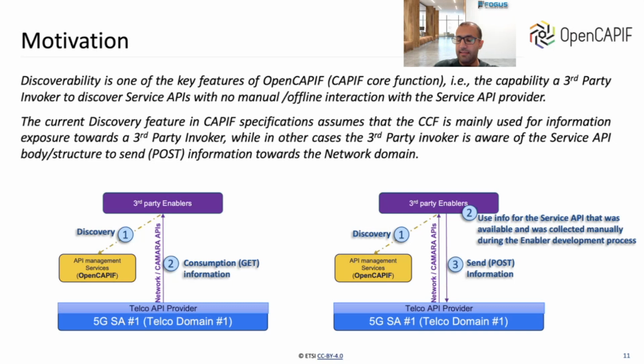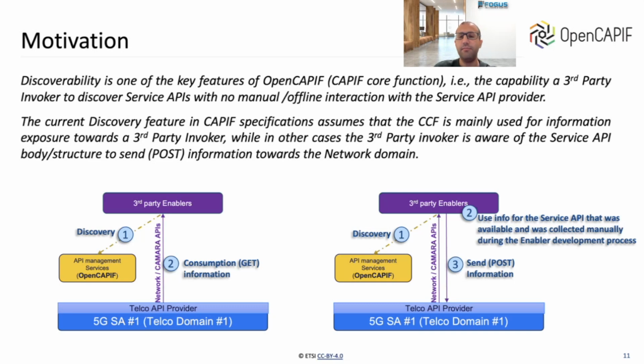But other kinds of information, such as the structure and the schema of the body of an API, are not given by the CAPIF, and the invoker has to search for it on external resources, such as Swagger servers. So it gets some information from the CAPIF, and some information, in order to be able to do some API calls like post, update, or patch, it has to get from external sources.